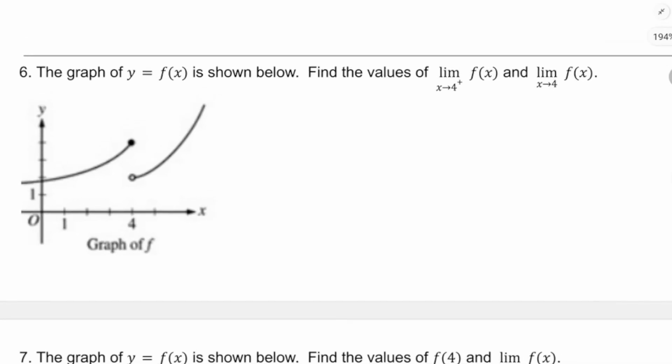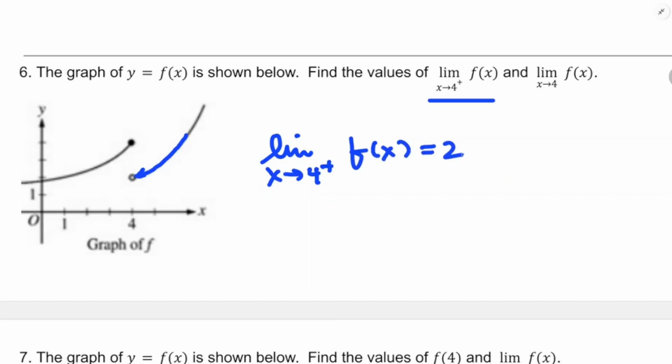All right, here we've got a graph of a function, calling it f of x. Find the limit from the positive side and the value of the limit just in general. Okay, so as x approaches 4 from above, from the positive side, y looks like it is approaching 2. So the limit as x approaches 4 from the positive side of f is going to equal 2.